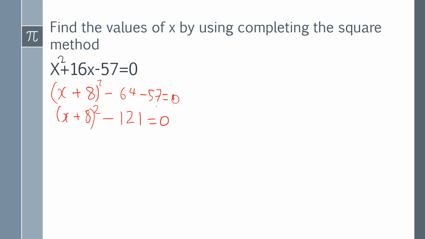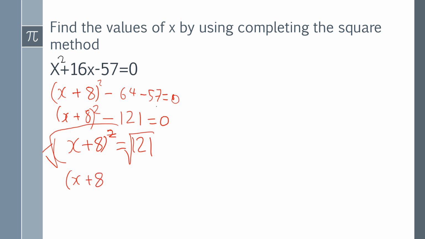So you find x by adding 121 to both sides, so you'll get x plus 8 squared equal to 121. You square root both sides, and you should get x plus 8 equal to square root 121.